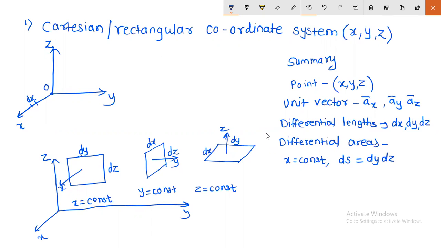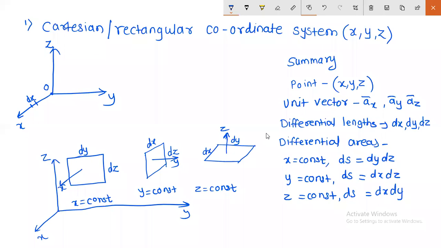If y is equal to constant, then what is ds? dx into dz. And if z is equal to constant, then ds is equal to dx into dy. So in this way, you can find the differential areas. But if the vector differential areas are asked, then what to do?